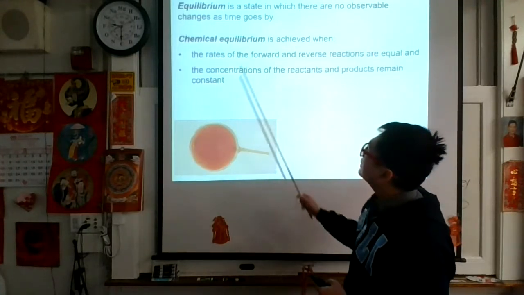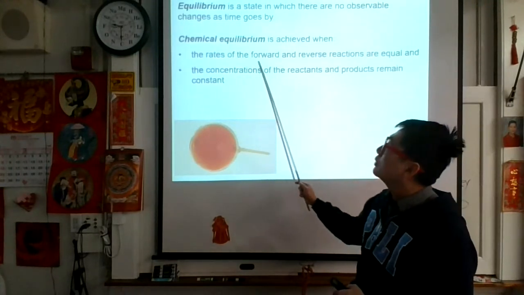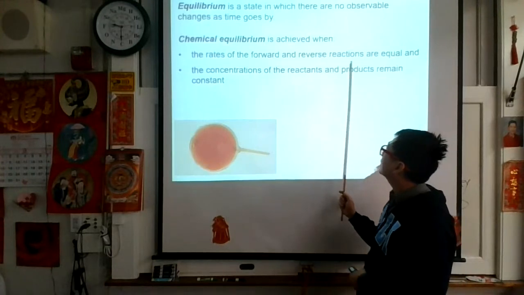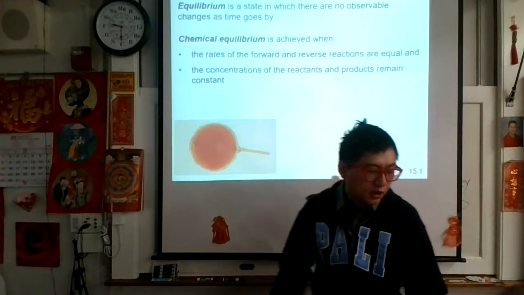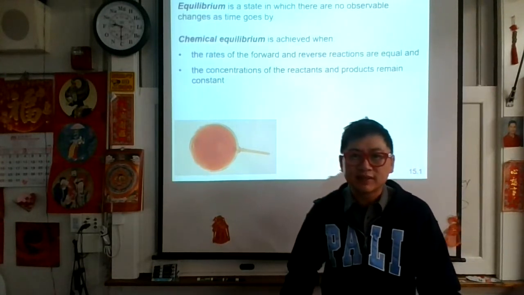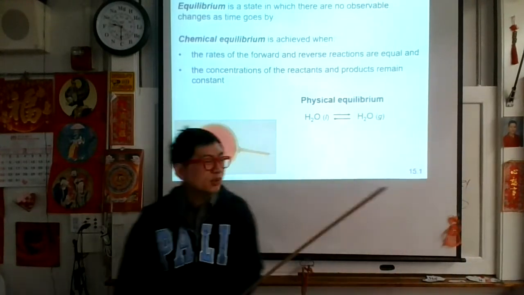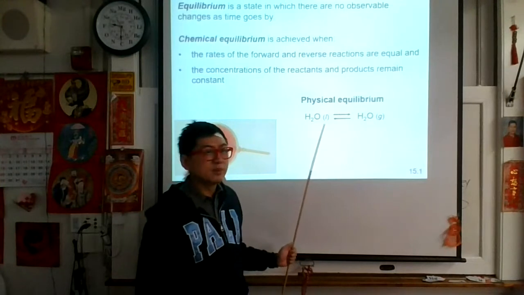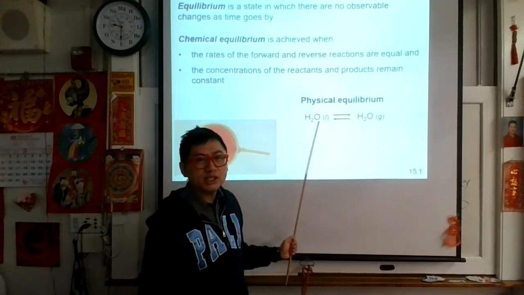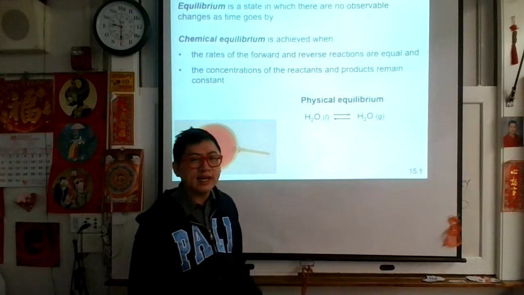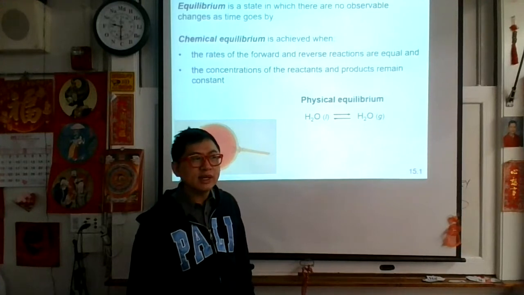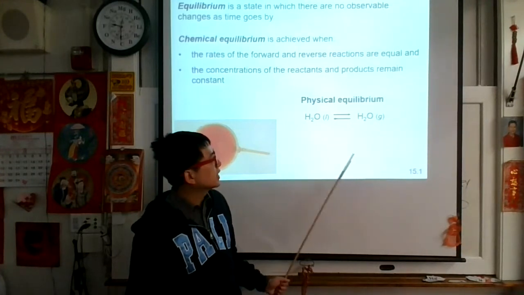But this is always happening in chemical equilibrium. The forward and reverse reactions are always occurring, but they're just happening at equal rates. So that is an example that I gave you of a physical equilibrium. When liquid water, H2O liquid, turns into H2O gas, it's happening at equal and opposite reaction rates.